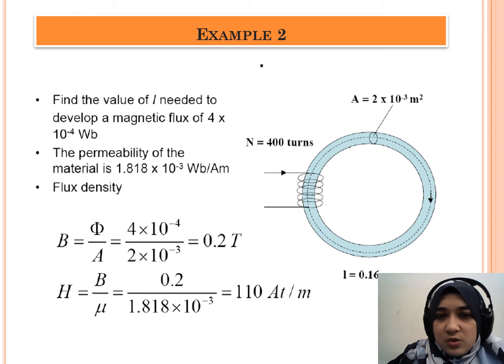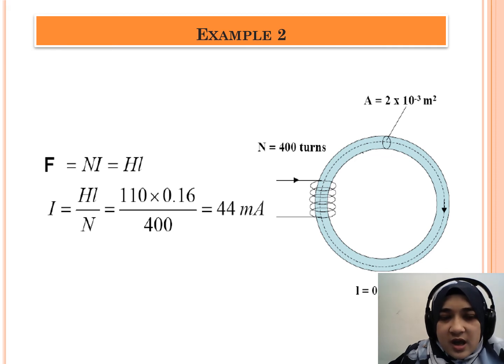So you have to find L. At first, you can find B. B equals phi over A. You have phi here, the magnetic flux, and you also have A. You get 0.2 Tesla. Okay, from that you can find H. The magnetic field intensity is equal to 110 ampere turns per meter.